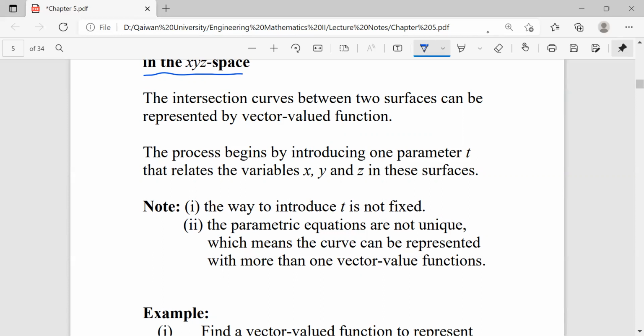Here, we follow these two steps. The way to introduce t is not fixed. Someone may choose t, another one t squared. It's possible. The parametric equations are not unique because it depends on the choice of parameter.